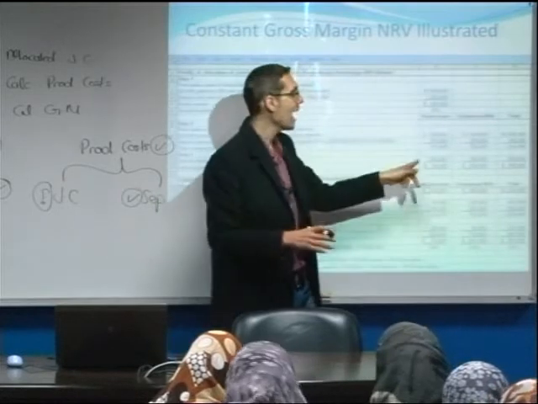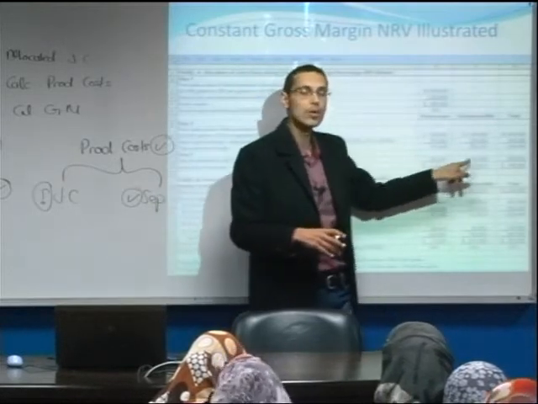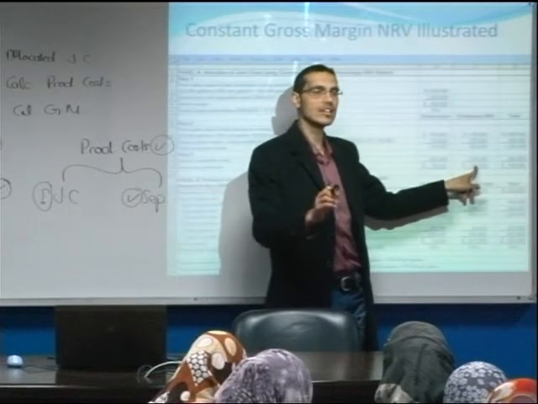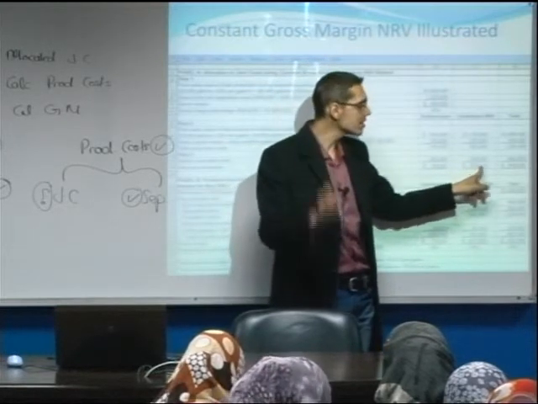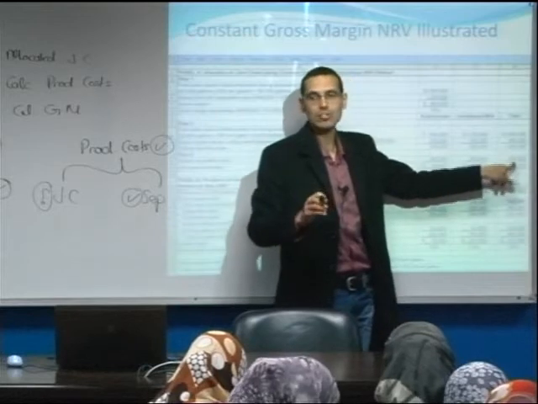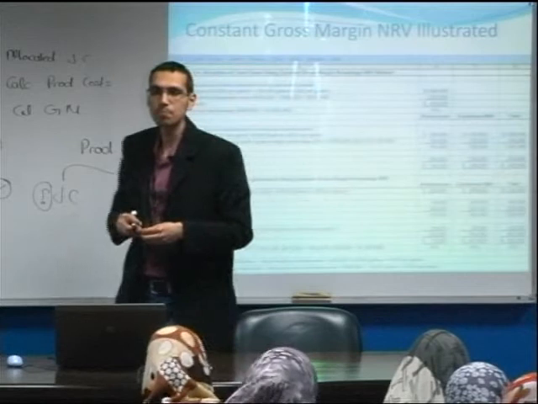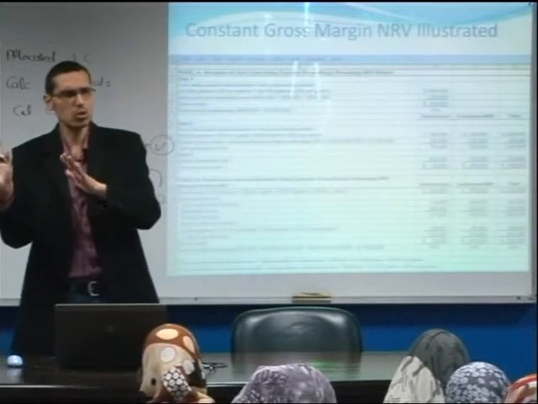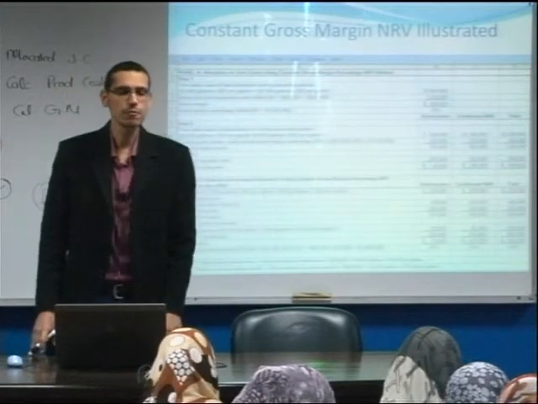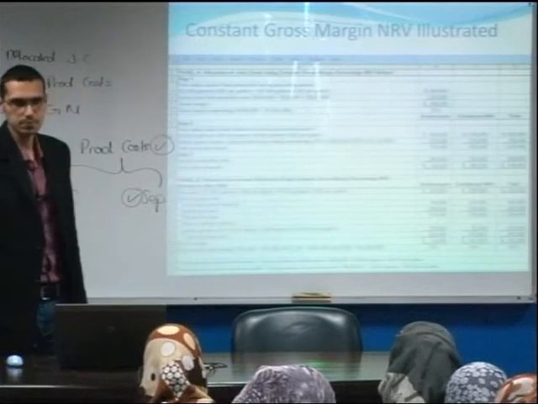Of course, adding these two up would yield $400,000, because adding these two amounts gives us the joint costs that were incurred before the allocation.